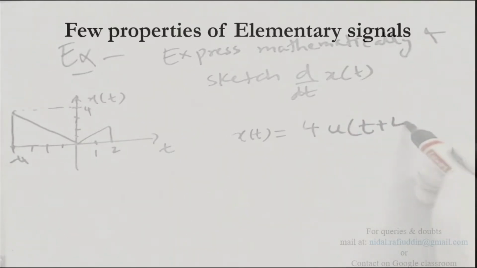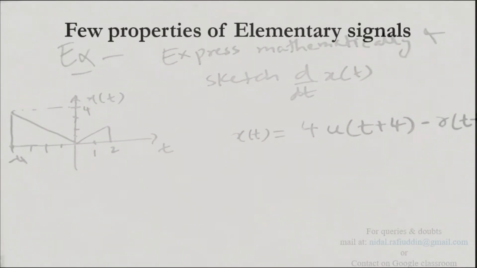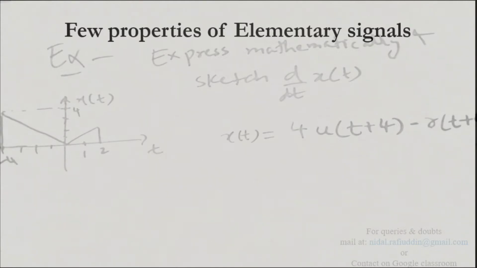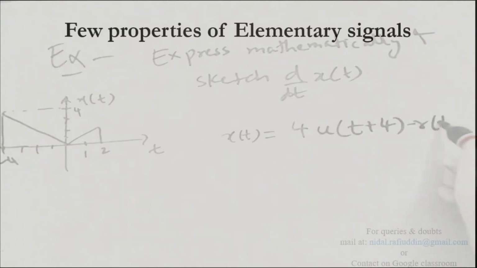This can be written as 4u(t+4), and then we have a ramp signal that goes down from that point at t equal to -4, and that has a slope of -1. So the slope of this line is -1. This can be written as minus r(t+4). So this will be starting at point t equal to -4.